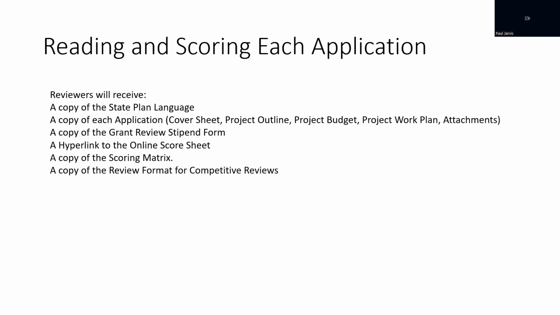As I mentioned before, each reviewer will get a packet of information for the grant review they're serving on. The packet will likely be emailed to you unless you requested hard copies.